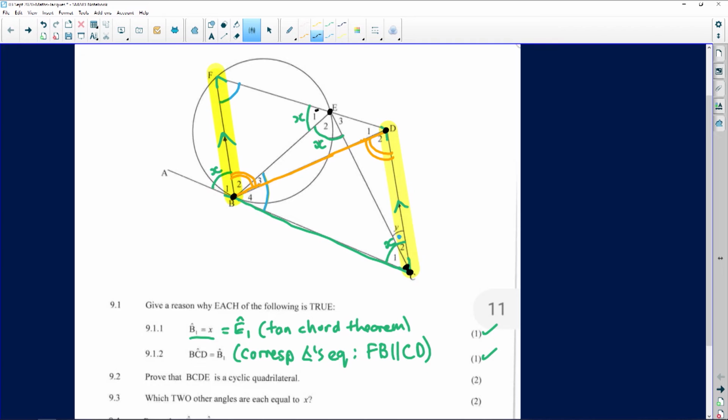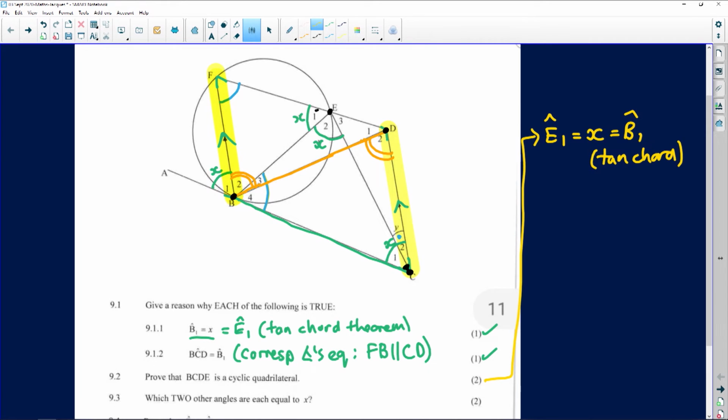This angle here is X. That angle here at E1 is an exterior angle. So it's very, very easy. Let's do it on the side here. We're going to argue that E1 is equal to X, which is equal to, now remember, B1. That was the tan chord theorem.